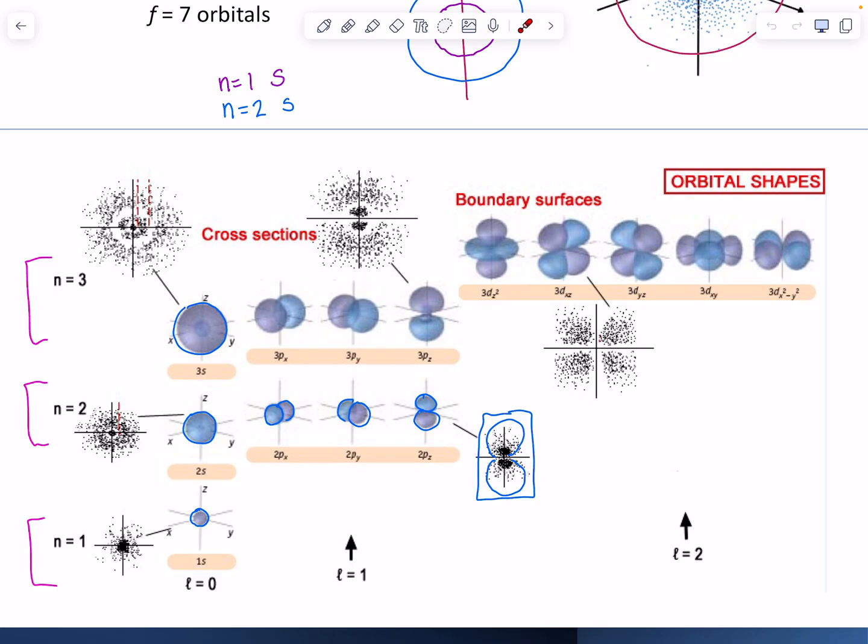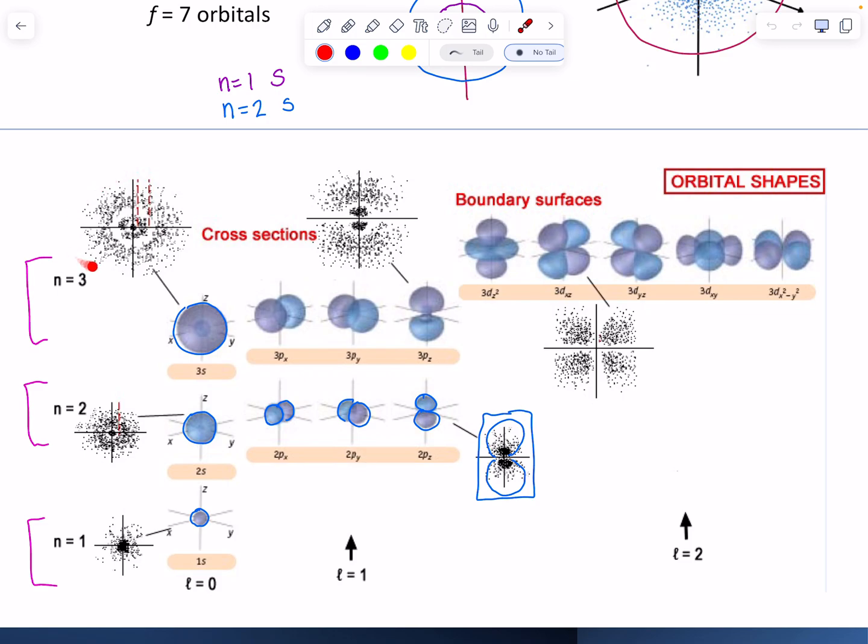So as we're traveling here, at the l equals 0 level, our sphere is a tiny sphere centered around the nucleus. That is when our n is 1. When we get up to a higher n level, a higher energy level, that s orbital has a bigger radius. So the electrons can go farther away from the nucleus.